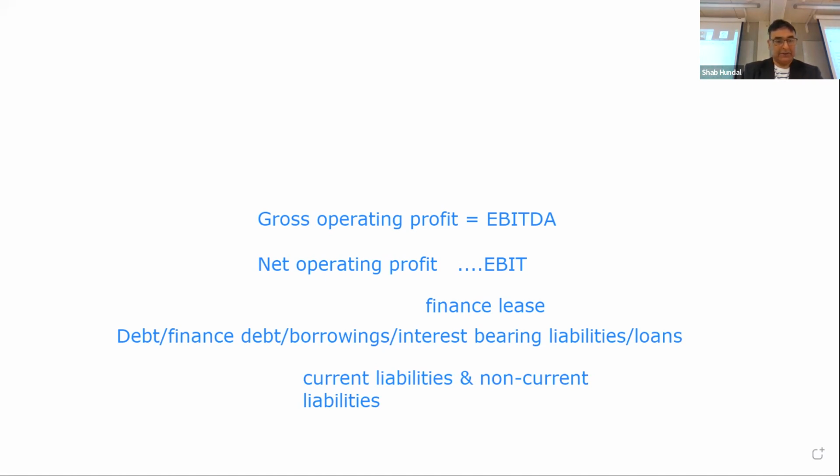So the asset turnover ratio is basically we have a numerator and then we have a denominator.